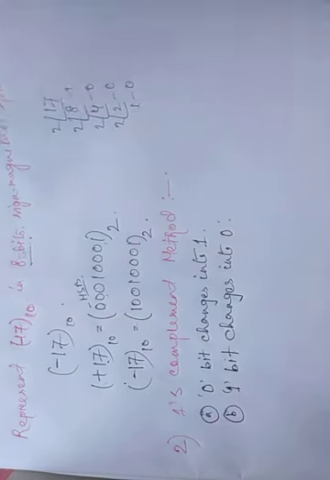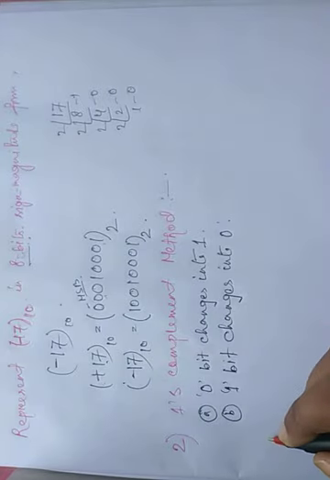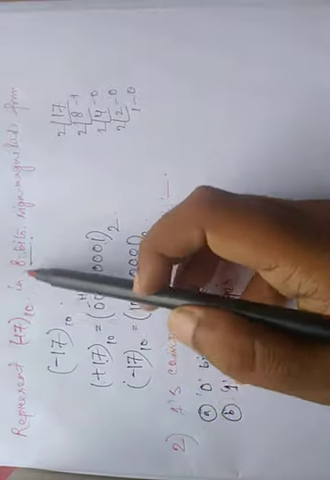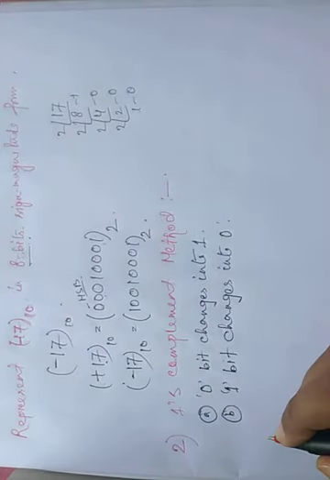This is just the 1's complement method. Okay, so our example, suppose minus 17 is also to be represented in 1's complement form, then it will be clear to you.